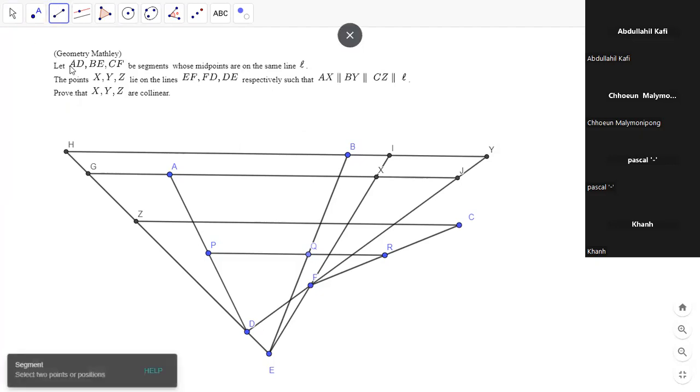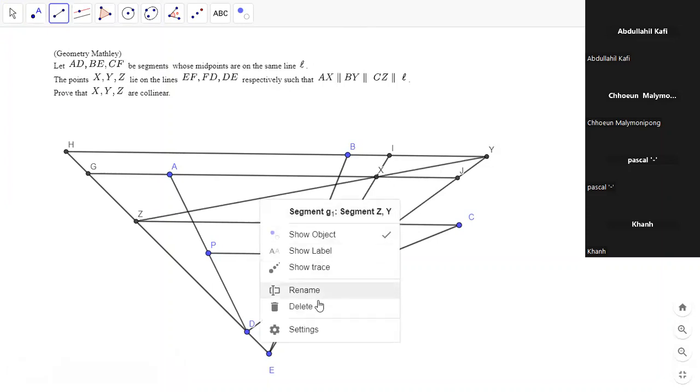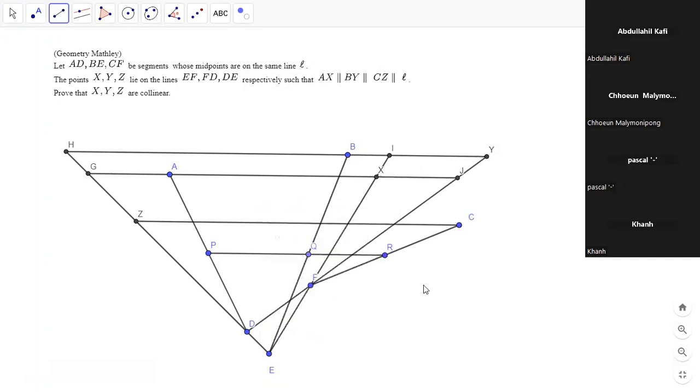Let's see. So like if X, Y, and Z were collinear, we'd have like YX over YZ times ZB over DE times EF over FX equals 1.